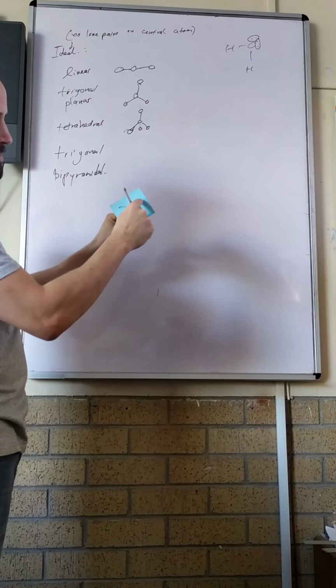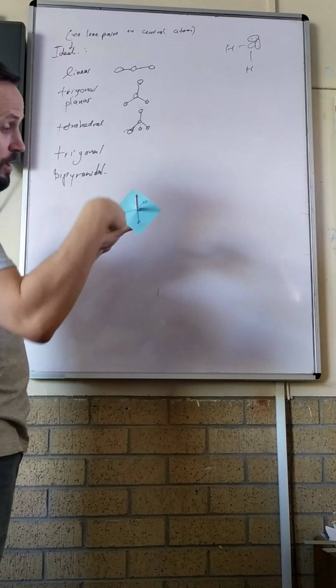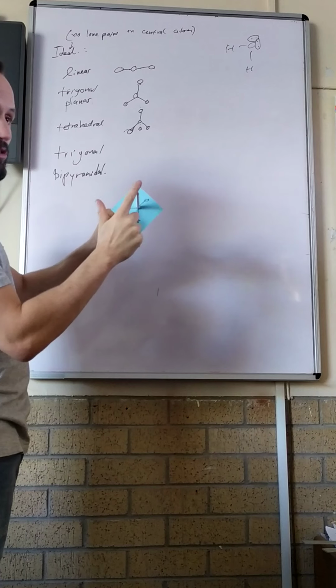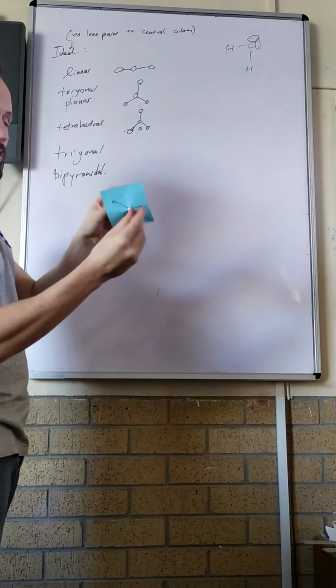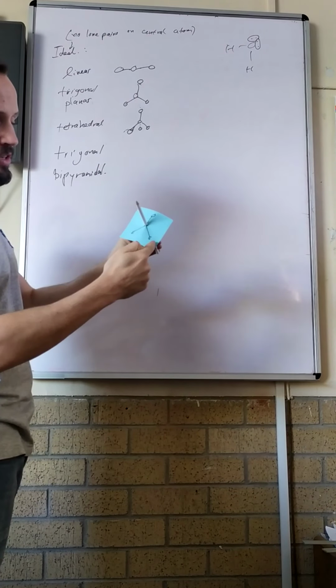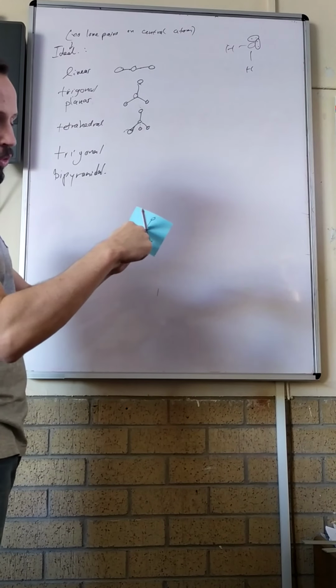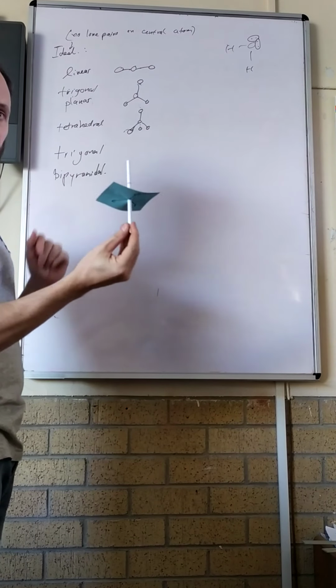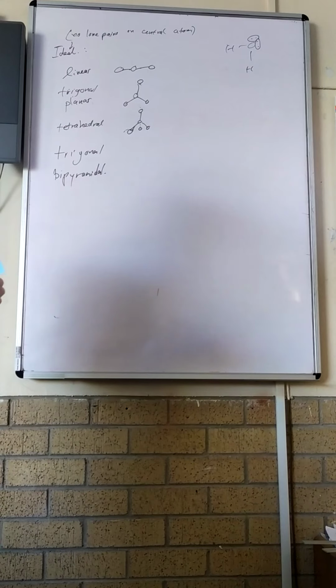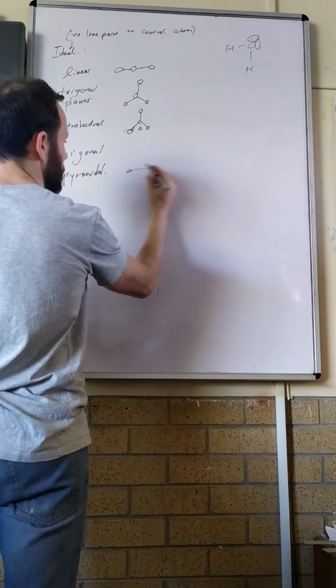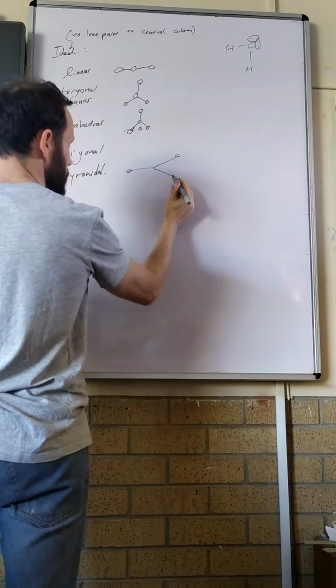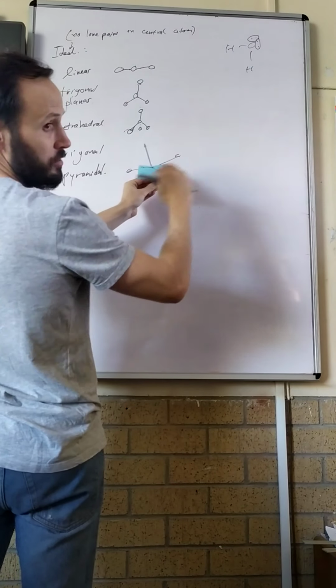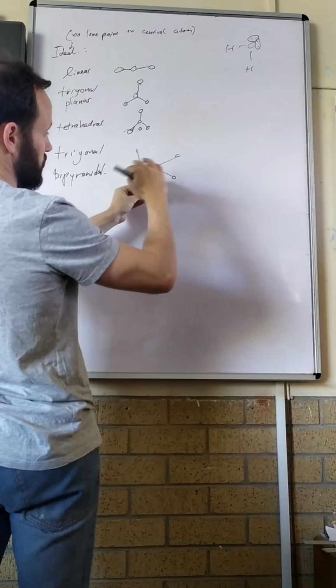You've got an atom there, an atom there, an atom there. There's an atom in the middle. There's an atom here and an atom here. So in total it's 1, 2, 3 for these three, 4, 5, 6. So let's try to draw that. There's my flat bipyramidal fidget spinner.